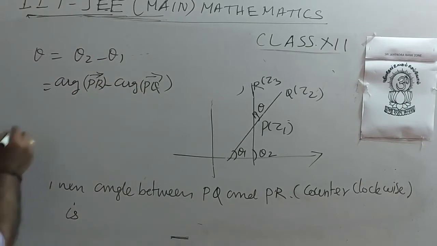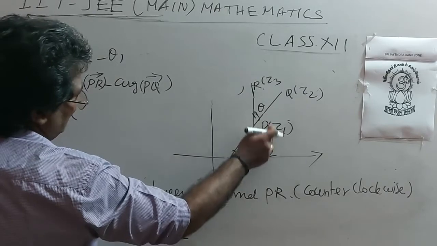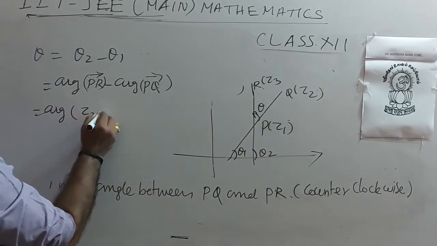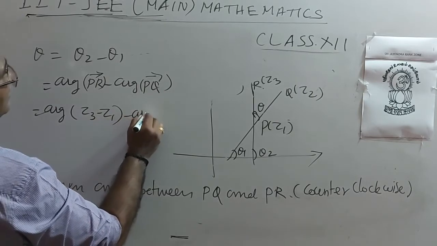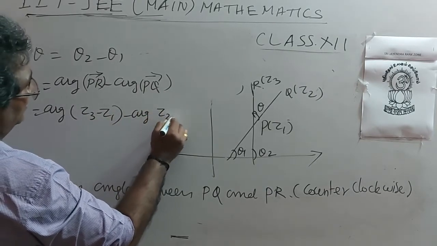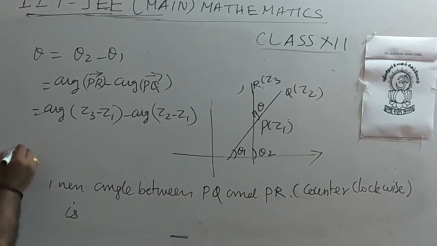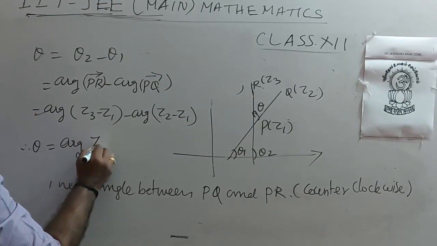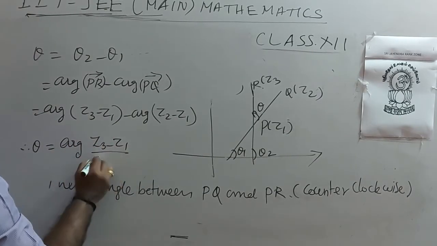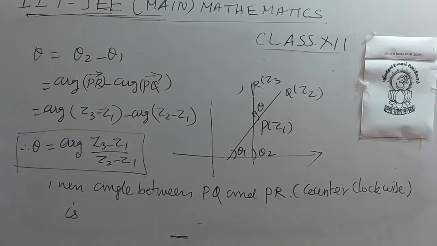Argument of PR is Z3 minus Z1, terminal point minus initial point. Here PQ is Z2 minus Z1. Therefore, theta equal to argument of Z3 minus Z1 divided by Z2 minus Z1.